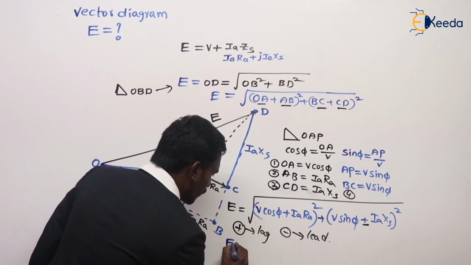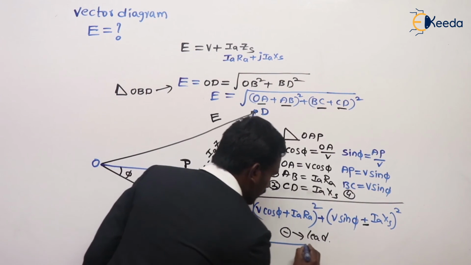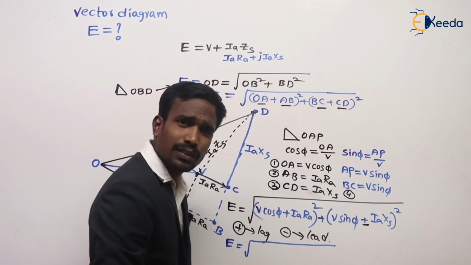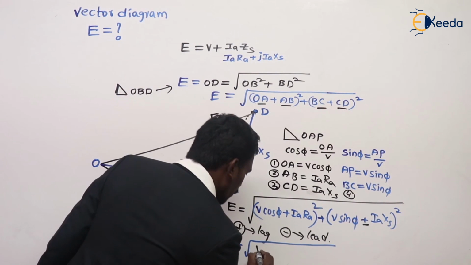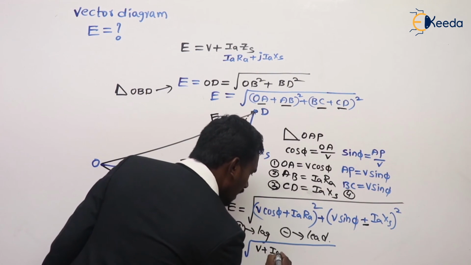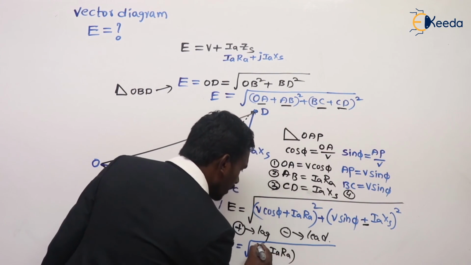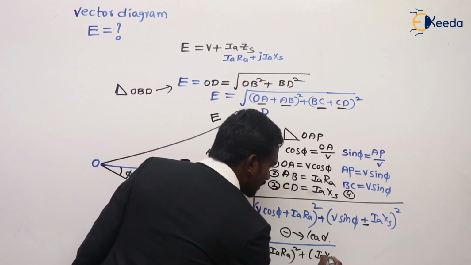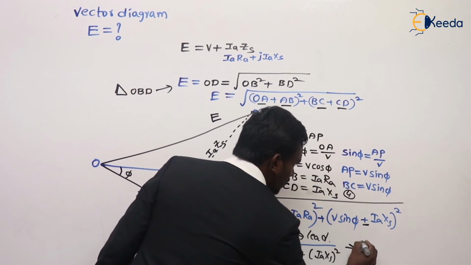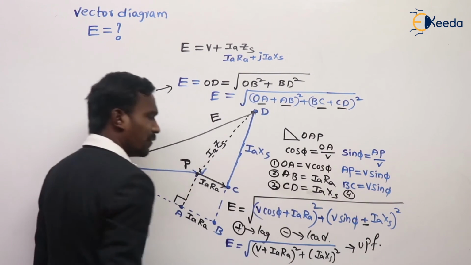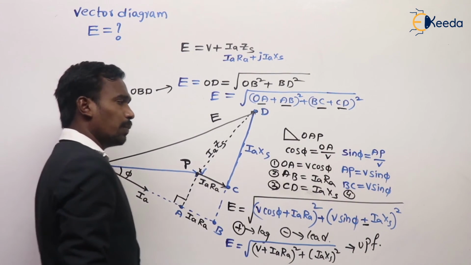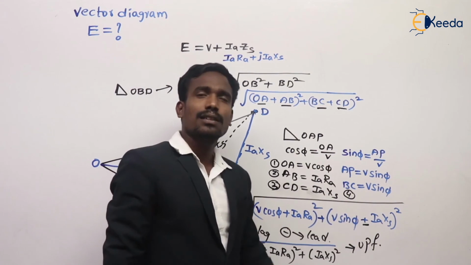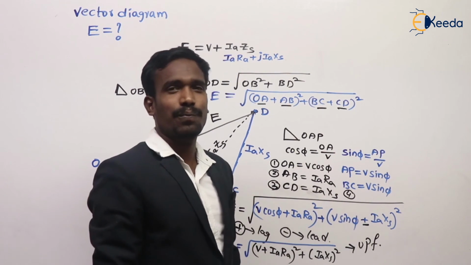So the EMF equation for unity power factor is the square root of (V plus IARA) whole square plus (IAXS) whole square, because for unity power factor cos phi is 1 and sin phi is 0.